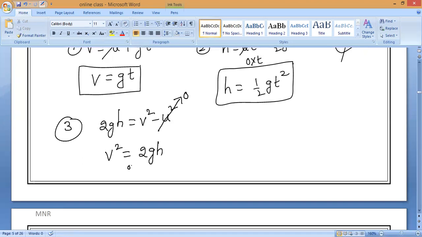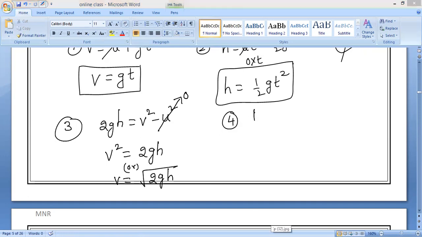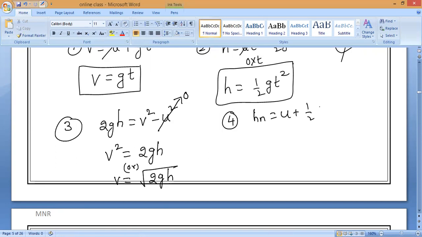Or else we can write this one: if the square comes to this side, it becomes a root. So both are similar. Now, what is the last formula? h nth equals u plus half g into (2n minus 1).